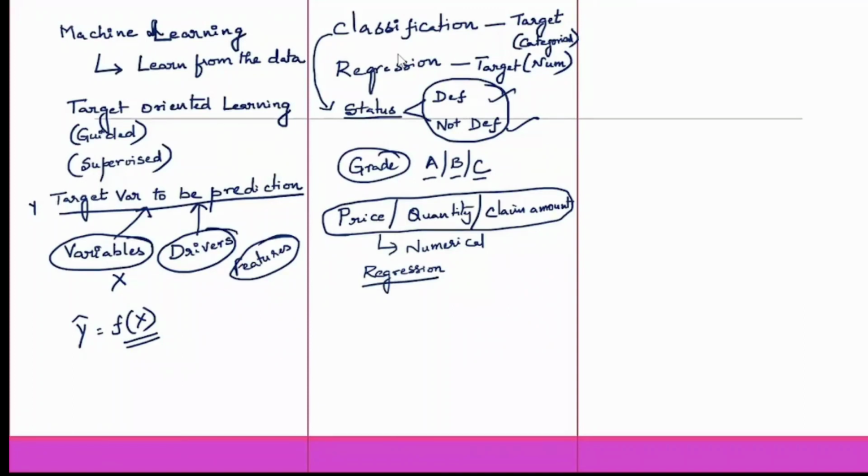So when the target variable is a categorical variable, we call that a classification problem. Probably what we have taken up till now, the defaulted versus the not defaulted. So that could be a classification problem.